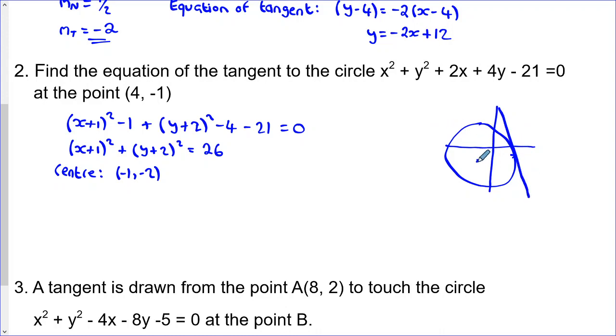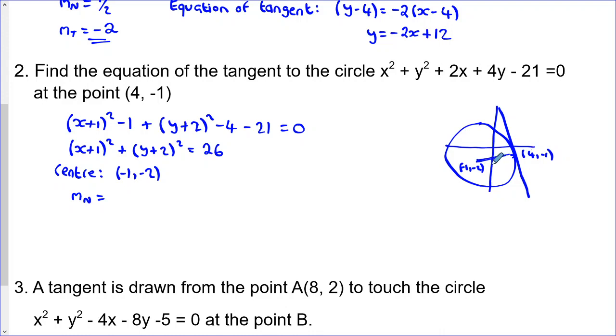So we start by finding the gradient of this. Radius, the normal. So from the centre, -1, -2, to the point we're using, 4, -1.